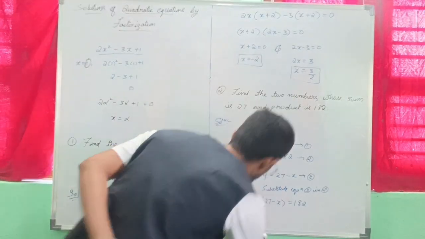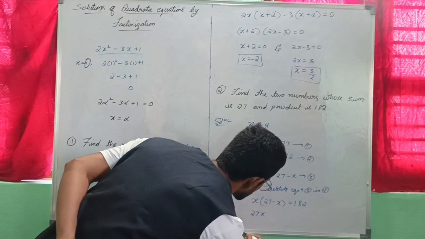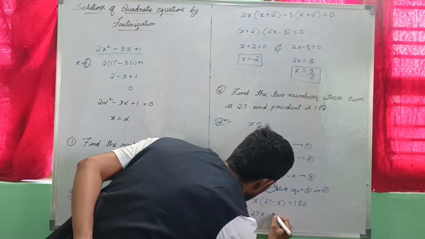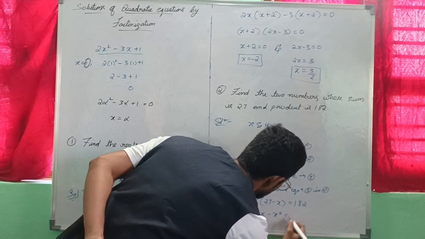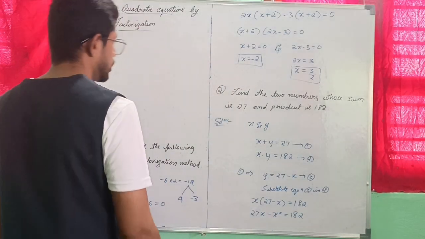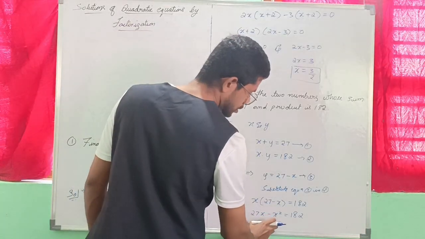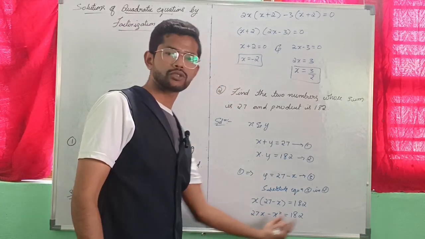Let's multiply this: x into 27 is 27x minus x squared, which is equal to 180. Let's shift this LHS to the RHS.